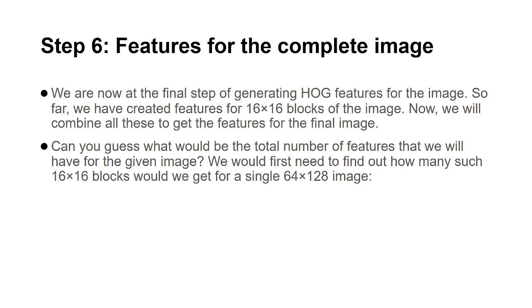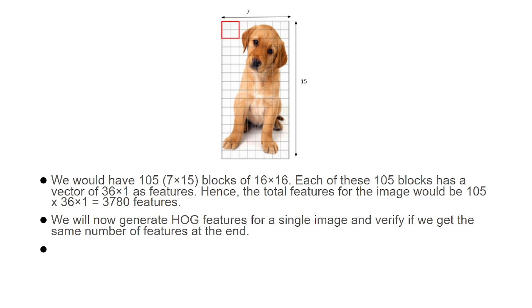First we need to find out how many such 16 by 16 blocks we get for a single 64 by 128 image. In total, 3780 features are extracted for the given image, based on 7 by 15 blocks of 16 by 16.